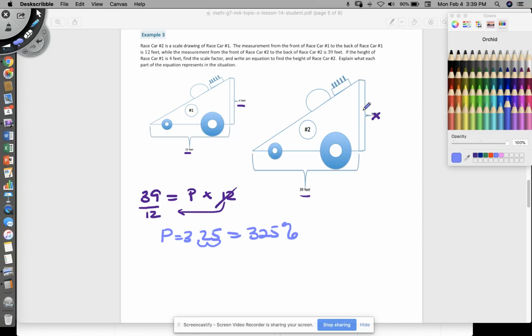So if this is 325% larger than the first drawing, then I can take the height of the first drawing and times it by 3.25. So I'm going to say 4 times 3.25, and you finish it for me. All right, go ahead and use something very similar there with exercise 2 and then exercise 3 as well. That finishes this tutorial.